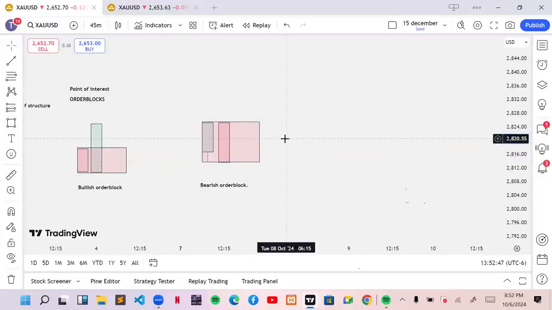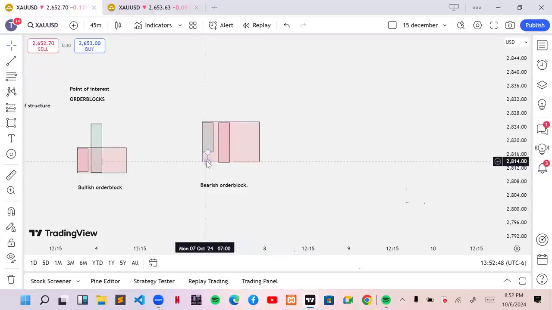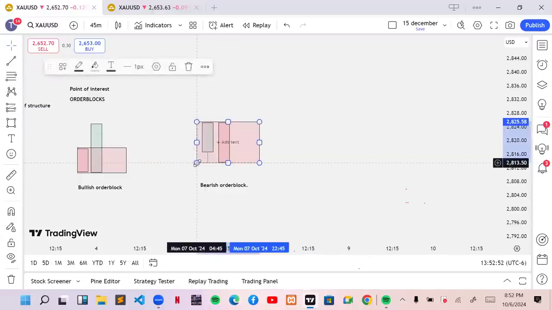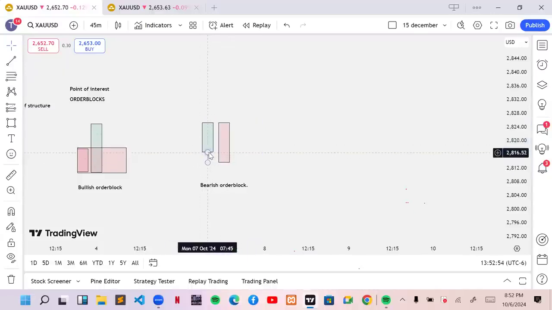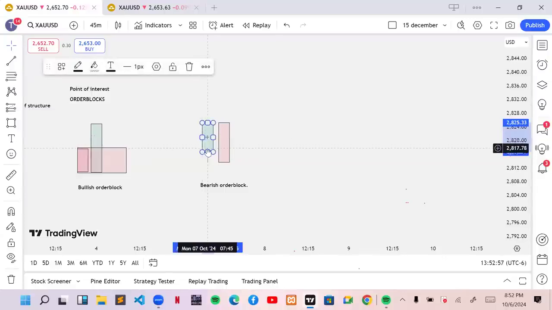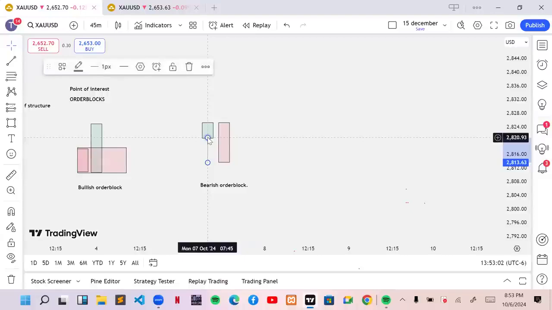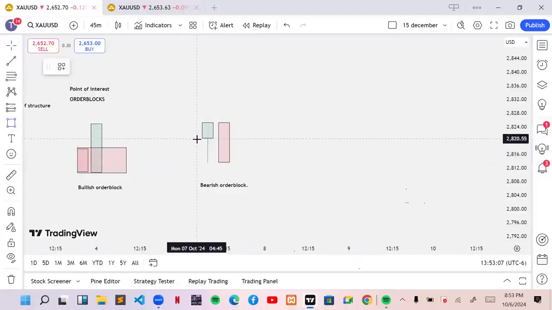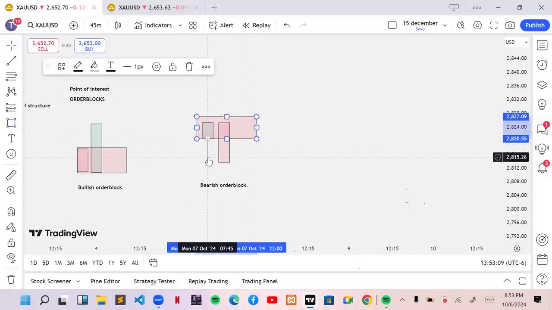Because in this case, the body of the order block is bigger than the wick. But in a situation where the body is smaller and the wick is longer, pick your entry from the body. Do you understand? So if the wick is longer and the body is smaller, pick your entry from the body. Or if the wick is smaller and the body is bigger, pick your entry from the wick. That's just it.